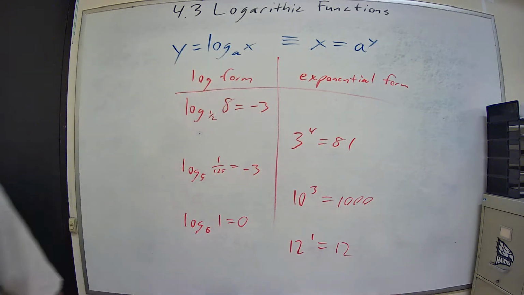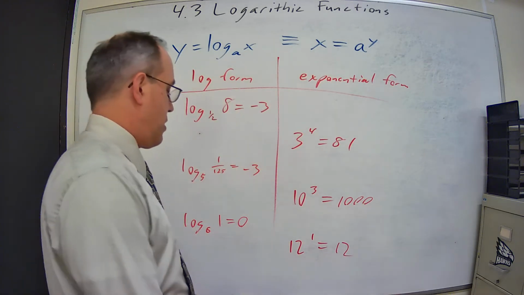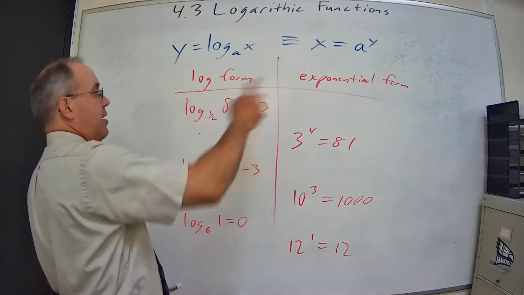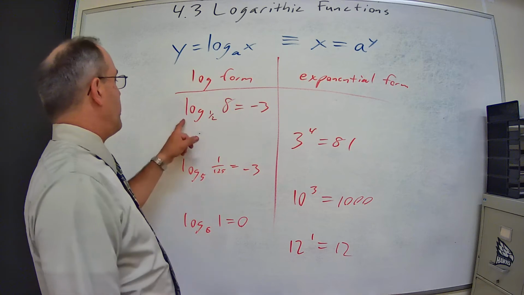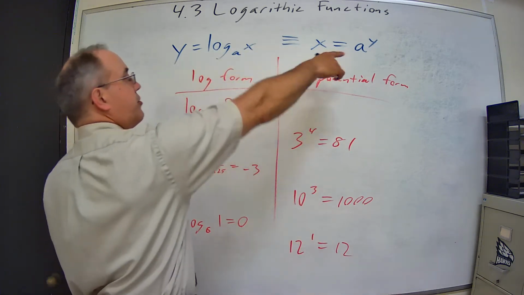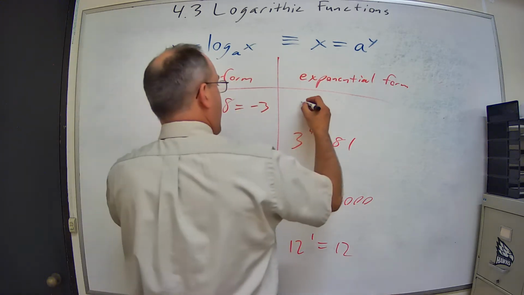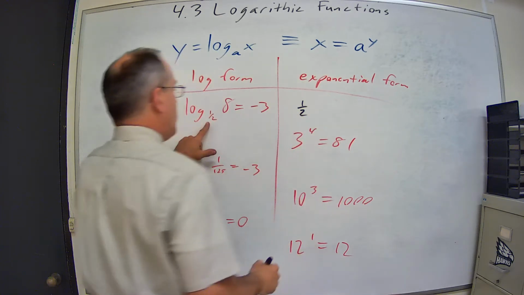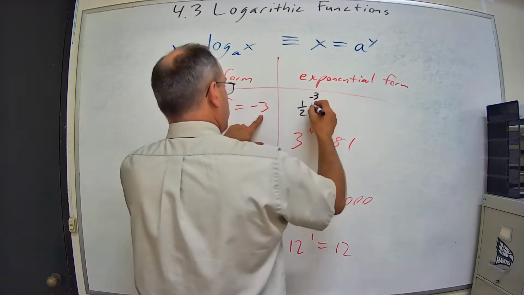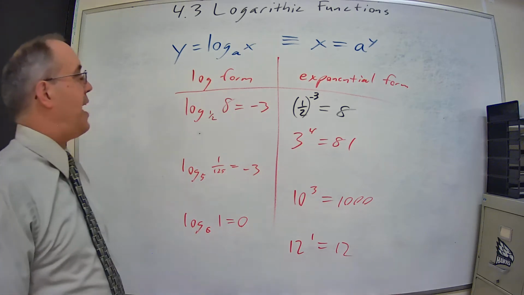So now we have these. This is our starting functions. We want to convert those to the opposite form. So if we have log base 1/2 of 8 is equal to -3, according to this equivalency, that means we can take that base 1/2, raise it to this power, and set it equal to that.